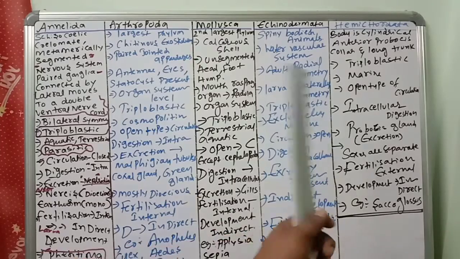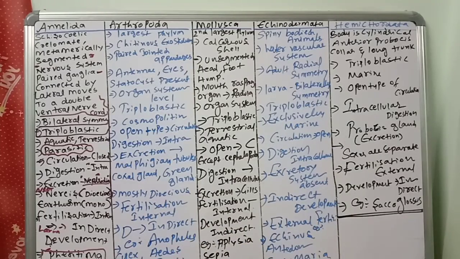Fertilization is external, outside of the body, where male and female gametes join together. Development is indirect. You know very well what is direct and what is indirect: without a larval form, direct; with a larval form, indirect. Balanoglossus is the very important example for hemichordates.